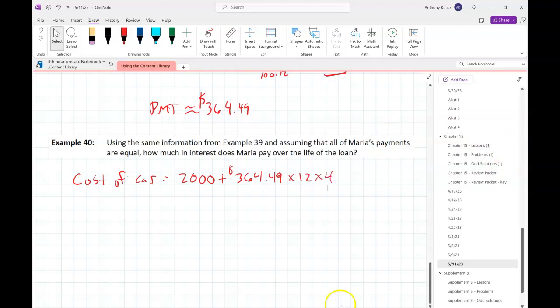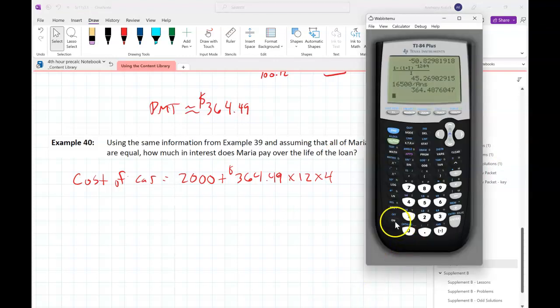So that'll be the total cost of my car. So I do that and I get $19,495.52.